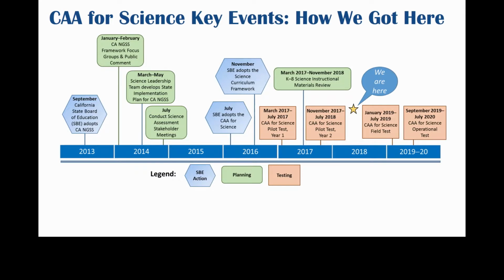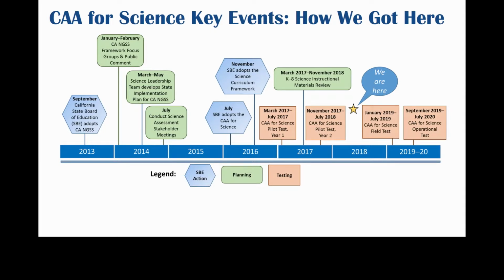And in 2017 and 18, wrapping up with this year, the California Alternate Assessment for Science completed its first 2 years of pilot testing. We believed it was so important to pilot for 2 years to get this test rolling. And this year, the science will be our census field test, and it will be available to be administered in January of 2019.